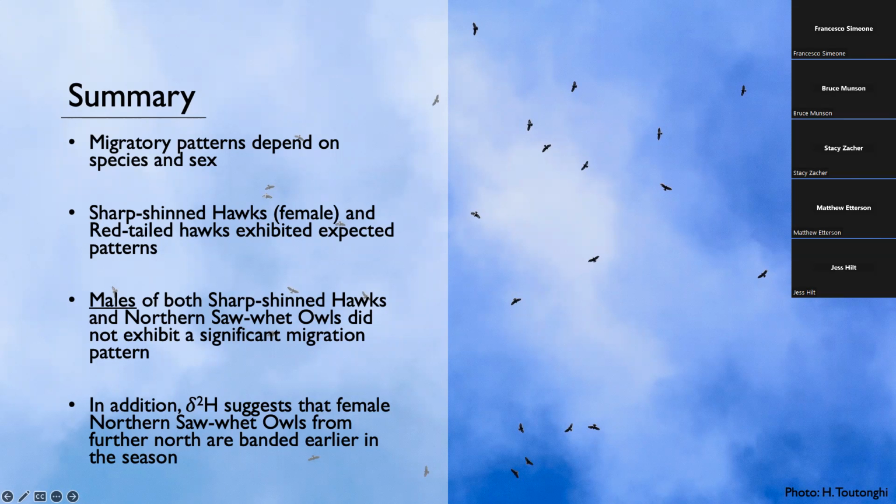However, males of both sharp-shinned hawks and Northern Saw-whet Owls did not exhibit that significant migration pattern, suggesting that perhaps they're doing something else before making their migration through, and that there might be some sort of mixing during that pre-migration time. And in addition, we saw an interesting trend with Northern Saw-whet Owl females that could be showing that more northern individuals are banded earlier, or could potentially have to do with some of their east-west movements.